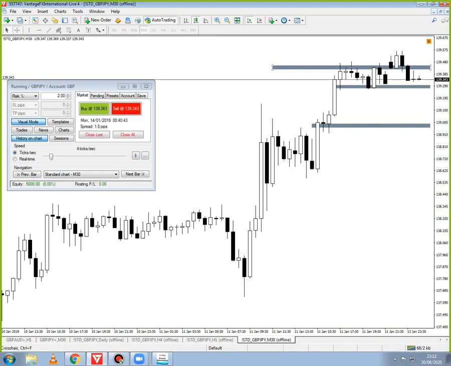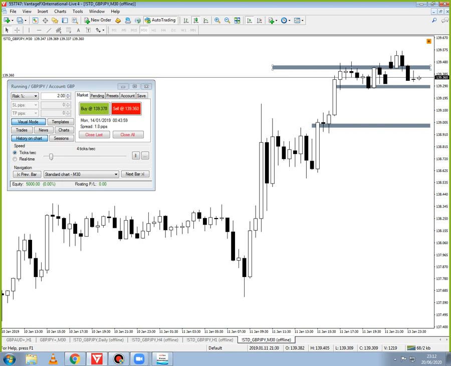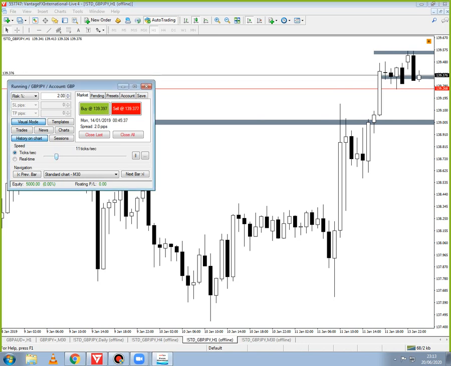Once price is breaking everything in its way at that support, then it's breaking. Otherwise, we wouldn't be able to get below here and we would hold that area as support. So I think I'm just going to speed it up a little bit.